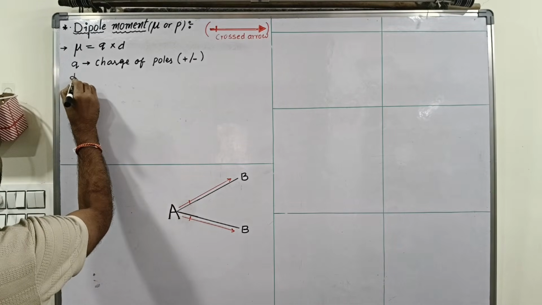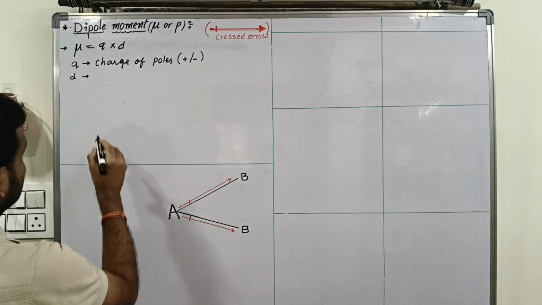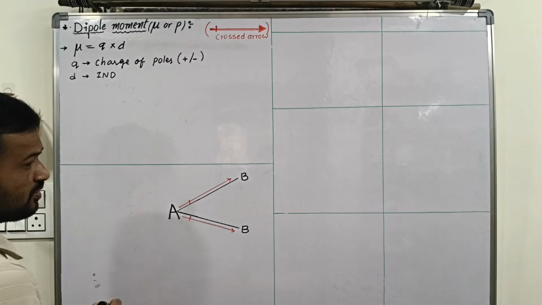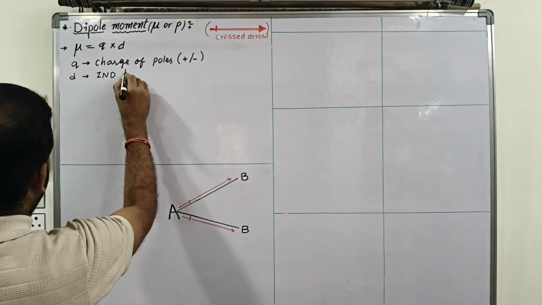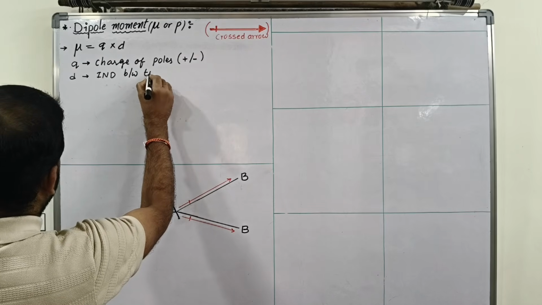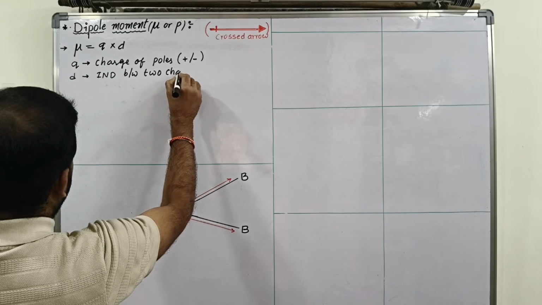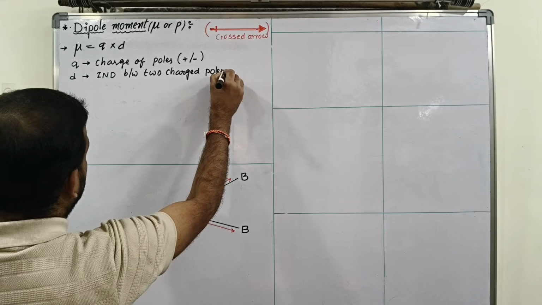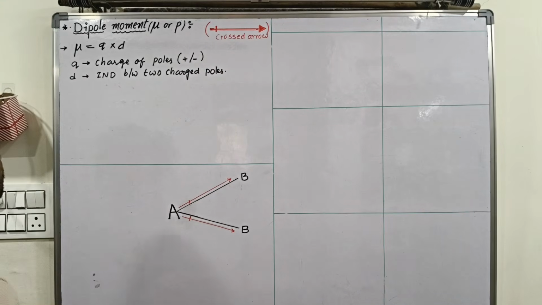Next, d means internuclear distance, or bond distance. Internuclear distance between two charged poles. So this is mu is equal to q into d.